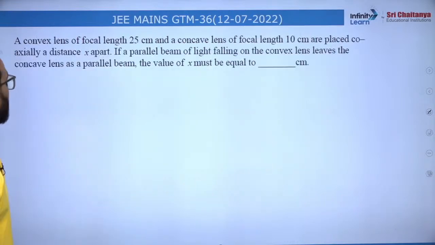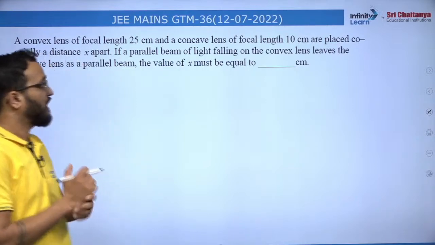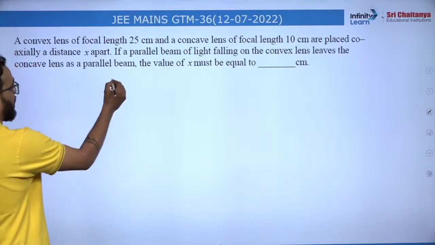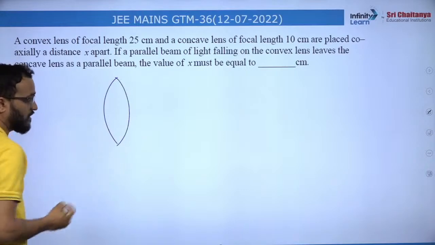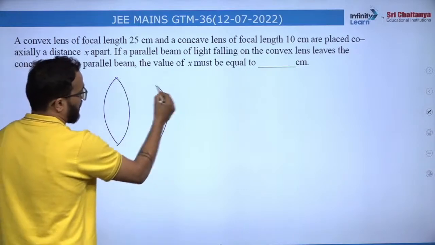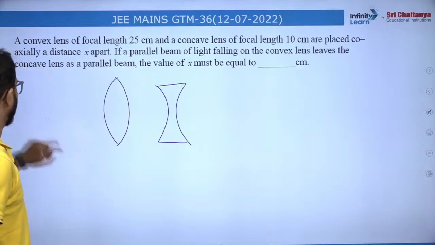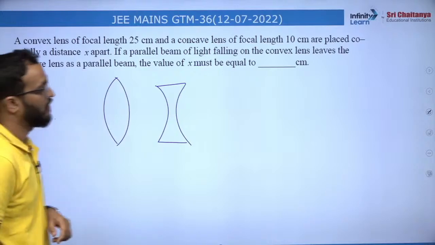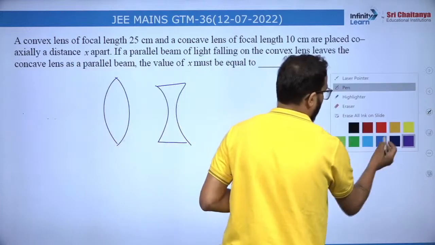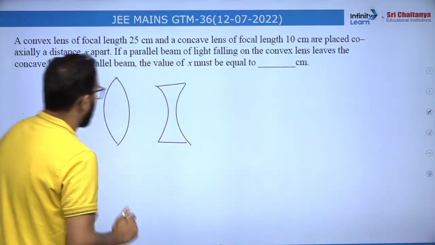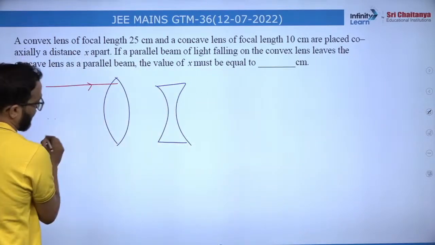Now the next question is, my dear students, a very, very famous question where one convex lens is given, another concave lens is given, right? And what they are asking. So let me draw the case first of all, that this is a set of parallel rays which is coming.